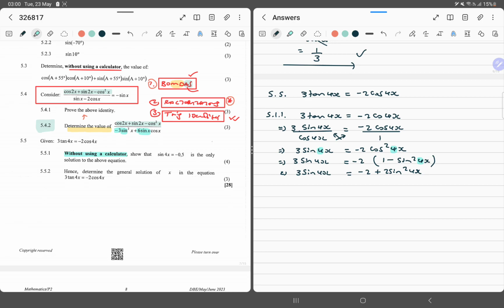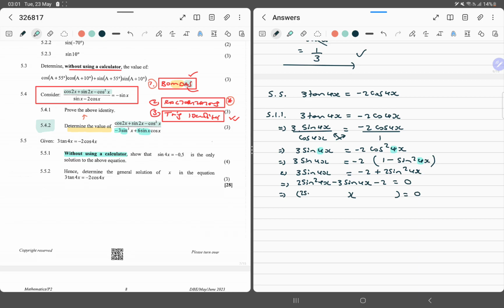Yeah, and then we transpose everything to one side so that we can have our trinomial. We've got 2 sine squared 4x minus 3 sine 4x minus 2 equal to 0. I've just rearranged, nothing major there. So we can do our final factorization, grade 10 style.